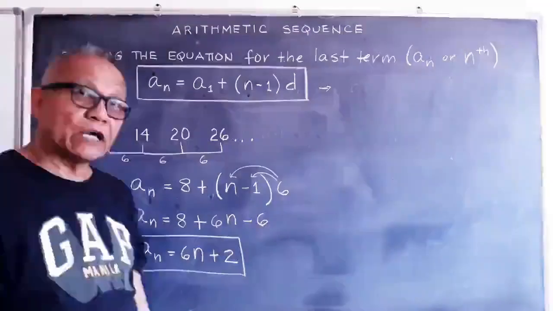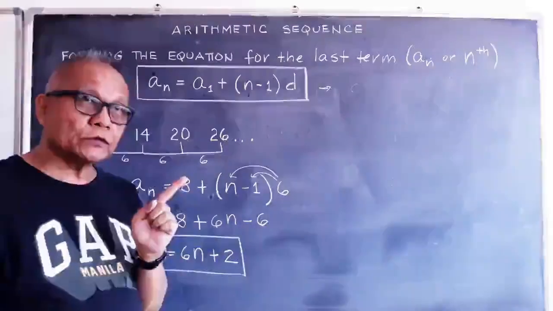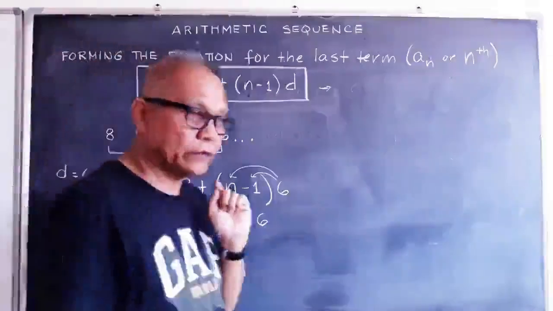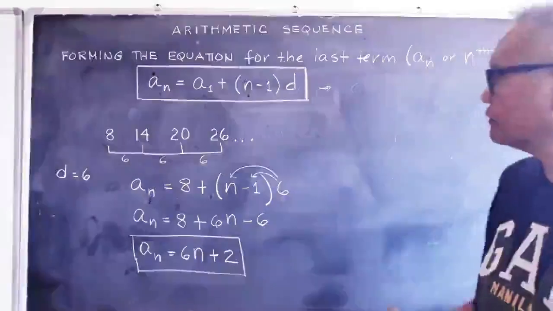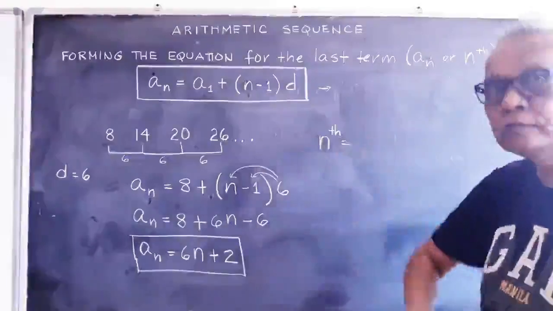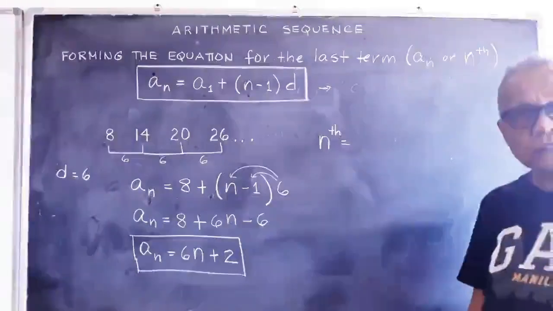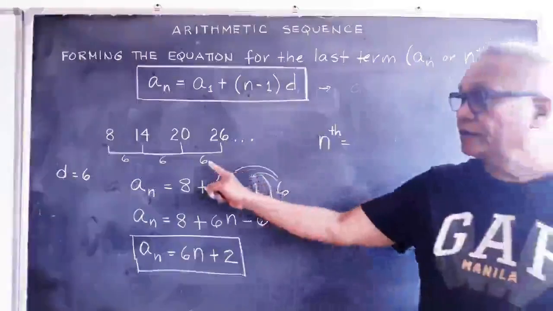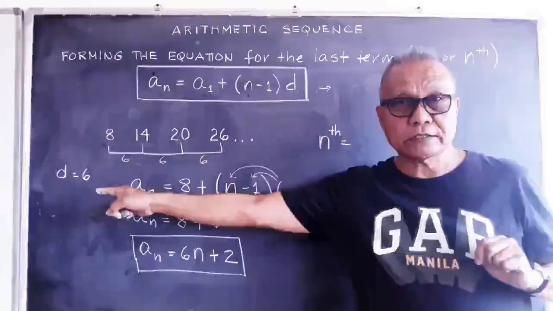Okay. Now class, I am going to show you the Cambridge way of finding the nth term here. To find the nth term, we find the difference first. So what is the difference here? It is 6.